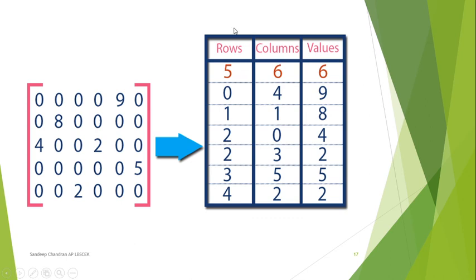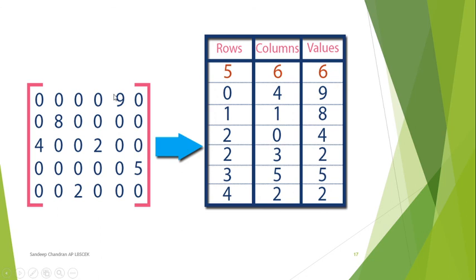First I will create a matrix like this, and in that matrix, the first entry will be the number of rows of the sparse matrix. 1, 2, 3, 4, 5. 5 rows are there, so it will be represented as 5. Number of columns: I will check 1, 2, 3, 4, 5, 6. That will be 6. And the third will be the number of non-zero values. The number of non-zero values here is 1, 2, 3, 4, 5, 6. 6 values.